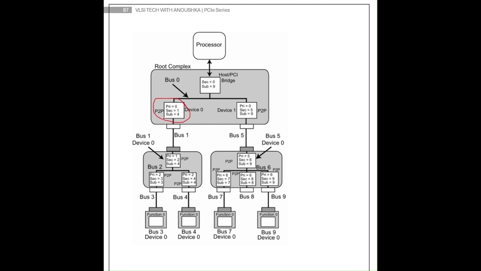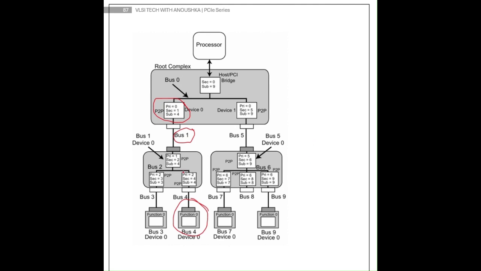The minimum bus number under this device is bus 1, so its secondary bus number is 1, and the maximum bus number under this device is 4. So the secondary bus number is 1 and the subordinate is 4.